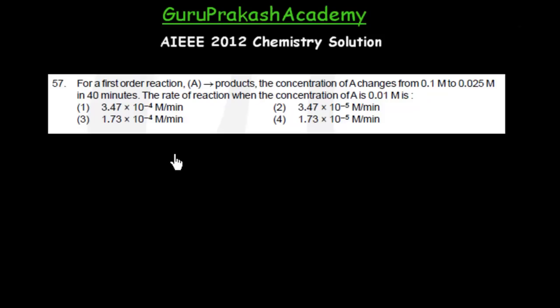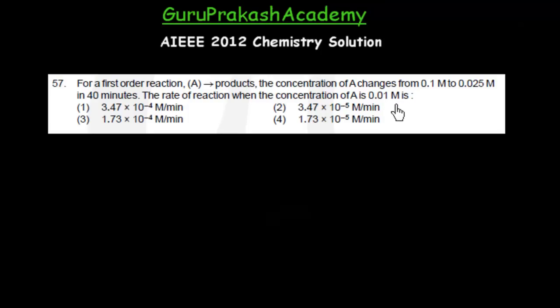This is a formula based problem from chemical kinetics. Question says, for a first order reaction, the concentration of A changes from 0.8 to 0.025 M in 40 minutes. What is the rate of reaction when the concentration of A is 0.01 M?